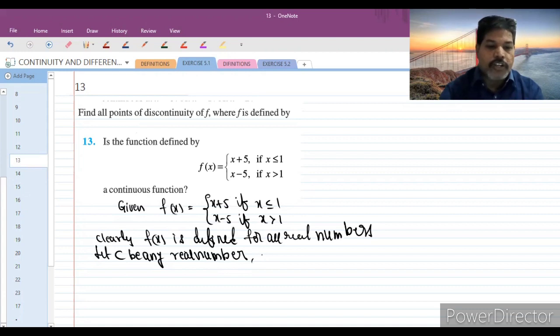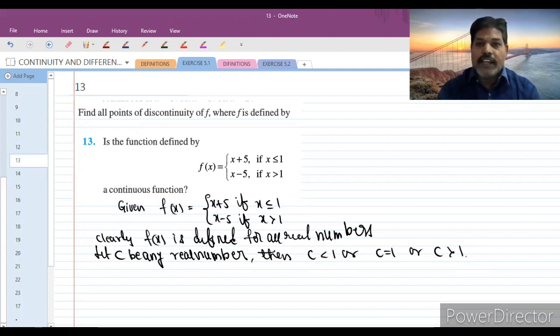Then already you know how many cases will arise from the given question. Then c is less than 1, or c is equal to 1, or c is greater than 1. So automatically you will get three cases.